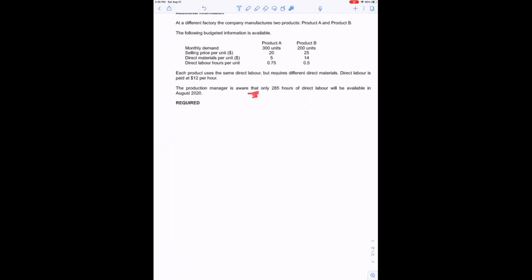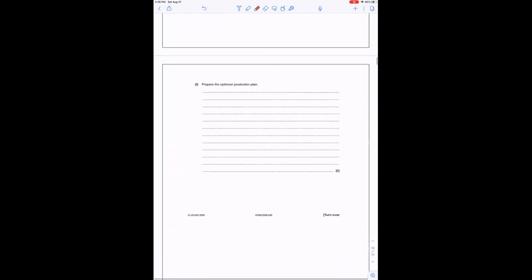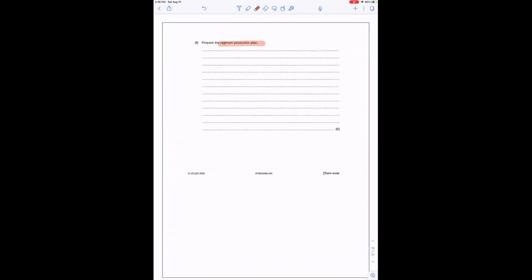Production manager is aware that only 285 hours of direct labor will be available. That means you have less direct labor available in the month of August. What you have to prepare? You have to prepare an optimum product plan.